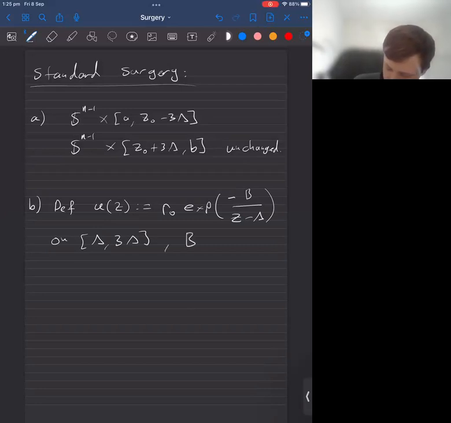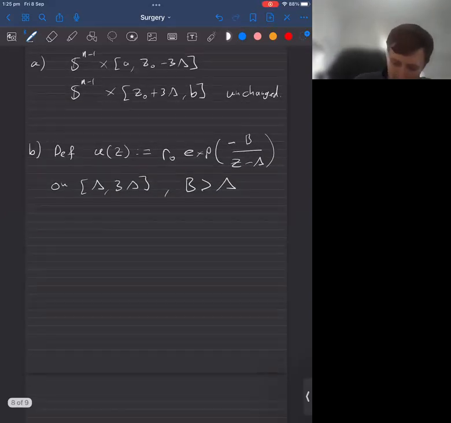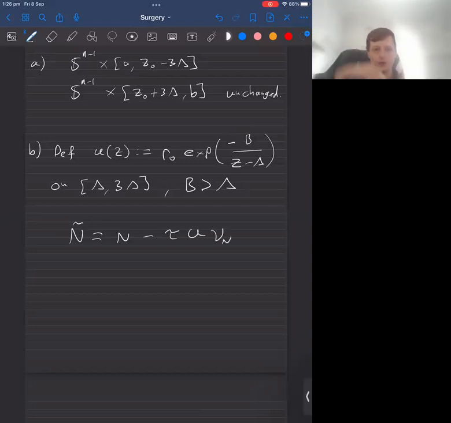So let's define that function. And then our new parameterization, n tilde, we're just going to take n, and subtract off a factor of tau times u times the normal of n. So we just bend it in along the normal.